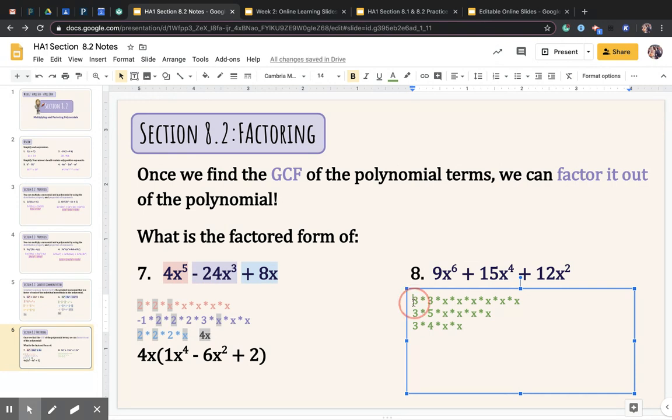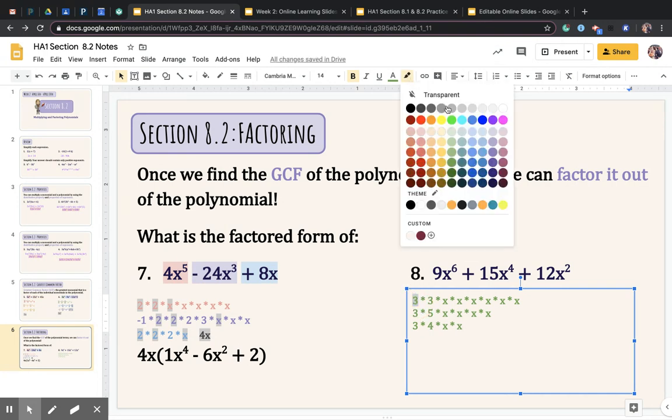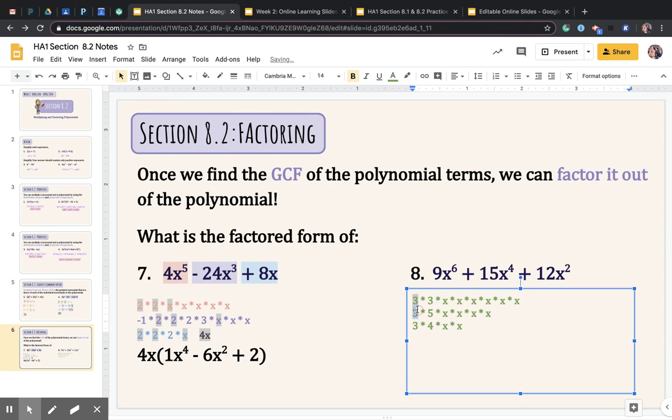So notice, they all have a 3. And then they all have 2 x's. So that's what we can pull out from them.